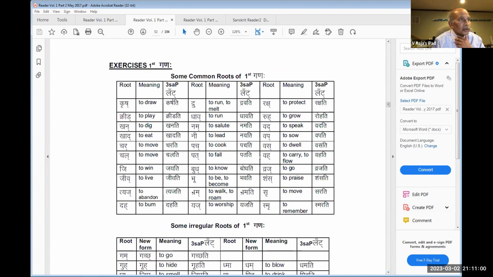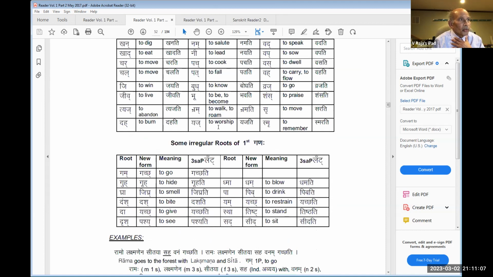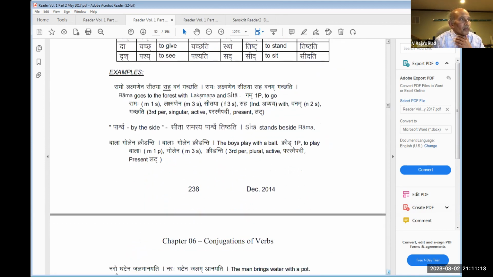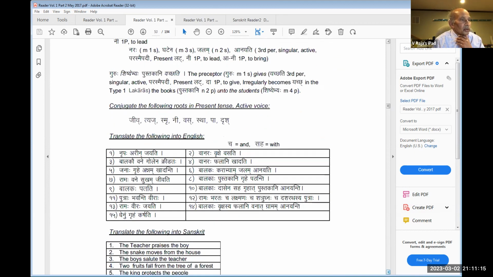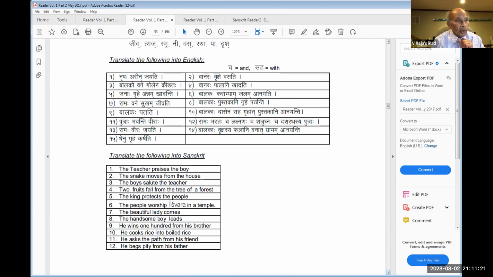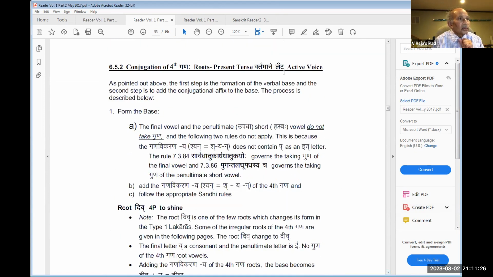Here, look at that. I gave you exercises and some regular roots and irregular roots. What I would like you to do is finish this off, and read it before the next class. You will only see the difference between that and the fourth gana is how the gana vikarana changes.